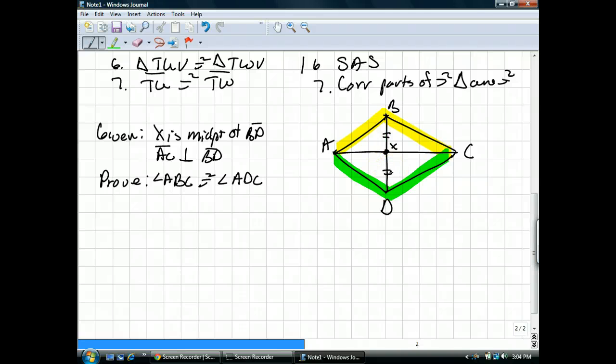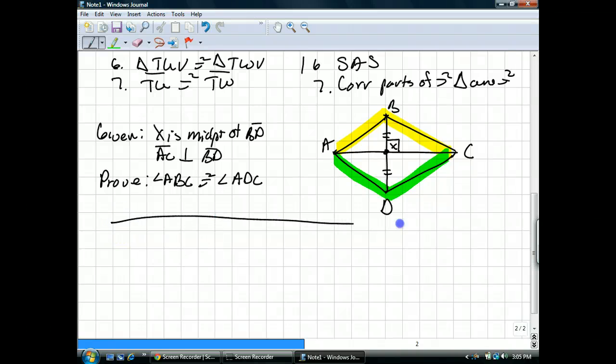And I know that AC is perpendicular to BD, so I know that this is a right angle. Okay, and so I have enough to show, notice that there's actually 1, 2, 3, 4, 5, 6 triangles in this picture. Okay, so I have enough to show that triangle CBX is congruent to triangle CDX.